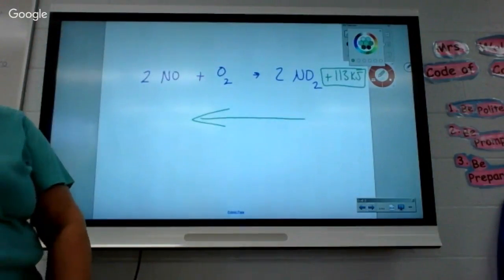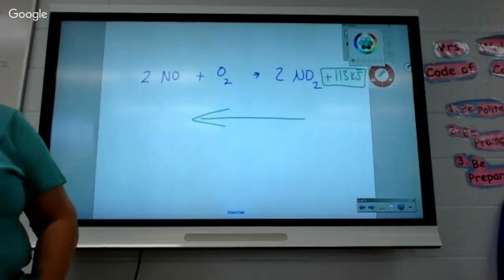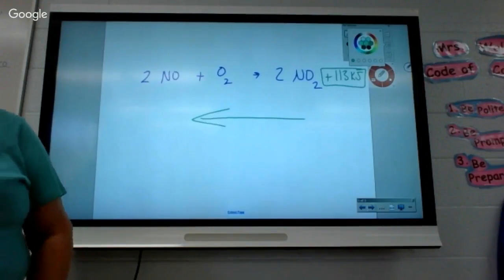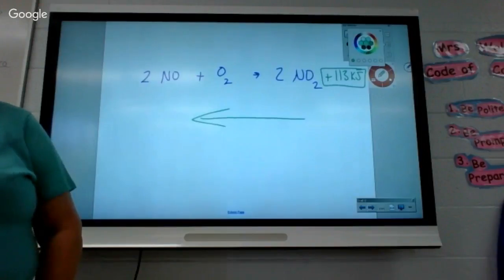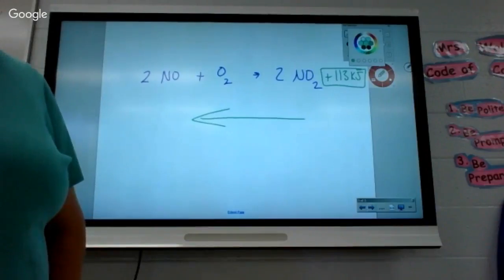All right, and the last one, in a heterogeneous system, what type of substance can be removed from the equilibrium expression? What types of materials are canceled out in K? There you go. Very good, Trent. Liquids and solids.